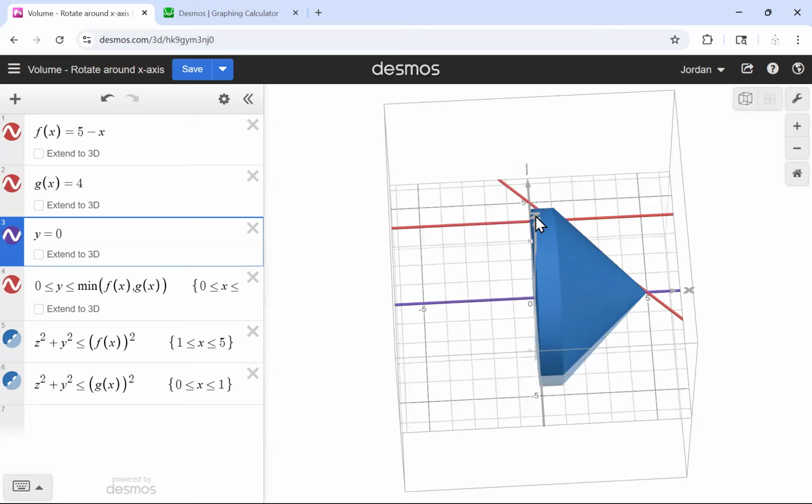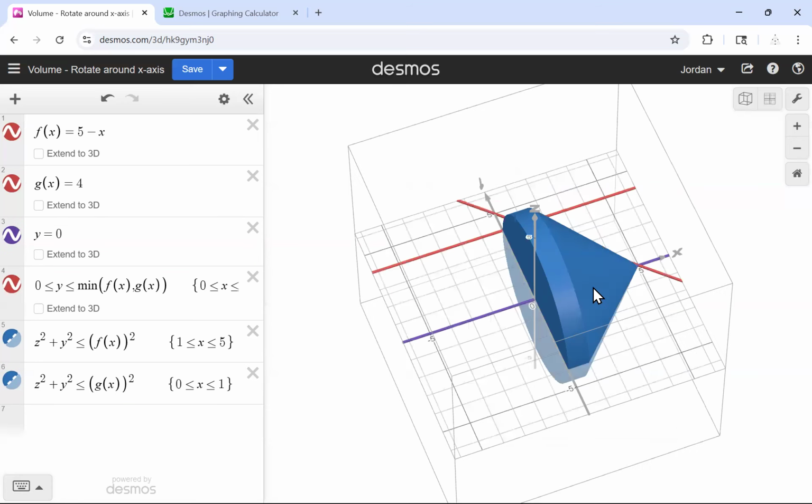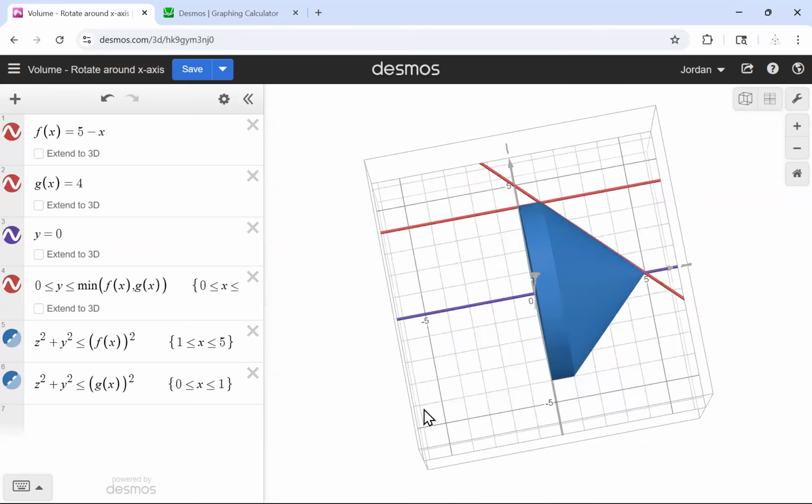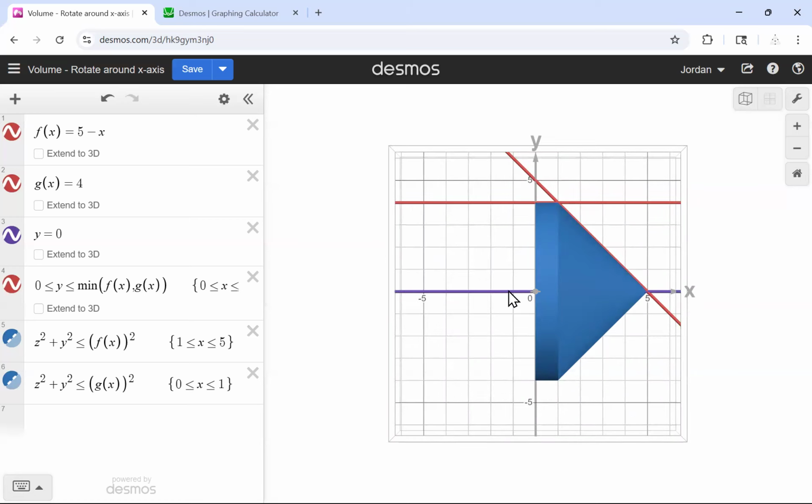Again, don't worry about that right now though. But we could spin this region around the x-axis like we did. We could have also spun it around the y-axis. And we've done a couple of those earlier.